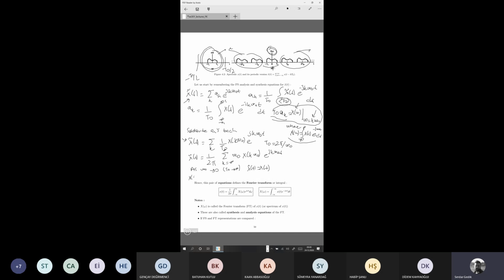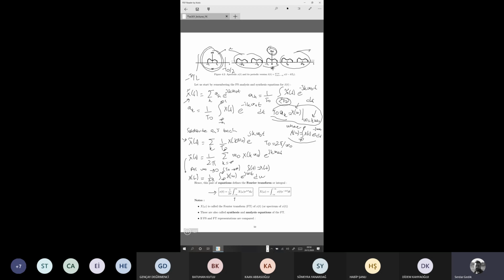And I can write this as x of t is equal to 1 over 2 pi integral from minus infinity to plus infinity of X of omega e to the power j omega t d omega. This is the actual formal proof, and this brings us to the Fourier transform or Fourier integral, which is simply x of t equal to 1 over 2 pi integral from minus infinity to plus infinity of X of omega e to the power j omega t d omega.